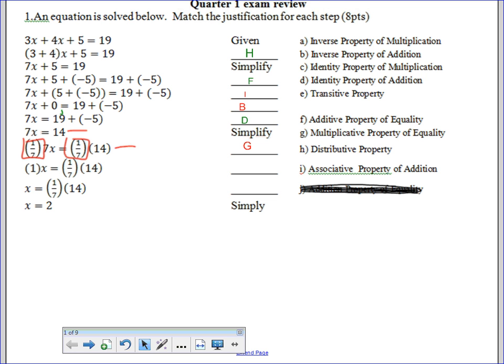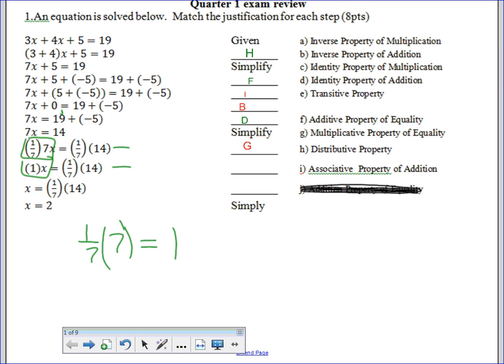Then, what changes now between this line and this line? Well, they took this and they turned it into that. So what makes 1/7 times 7 equal 1?